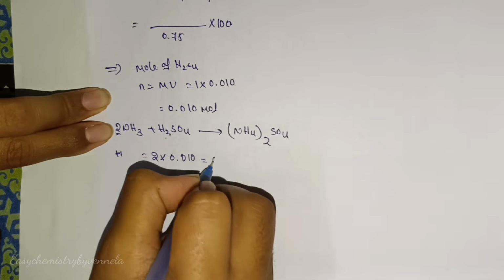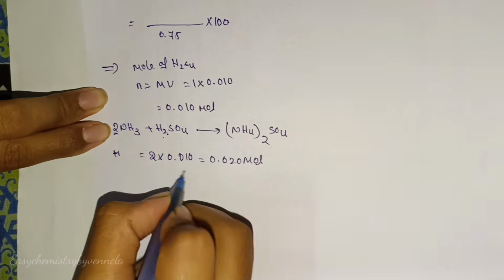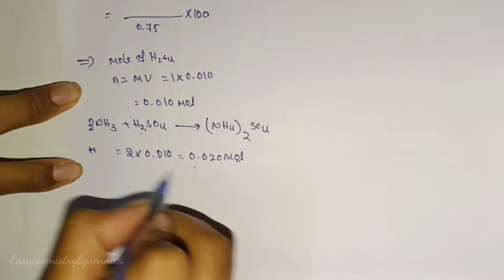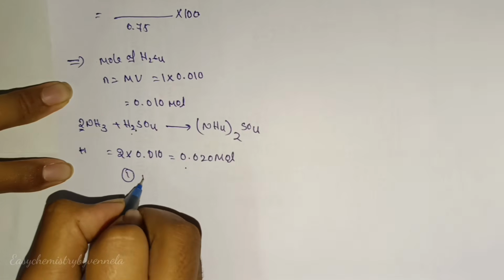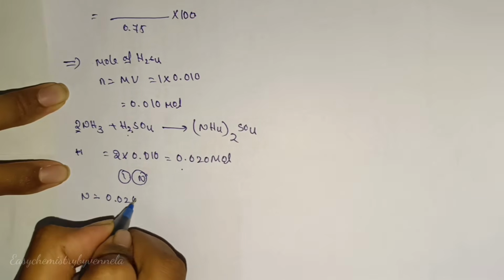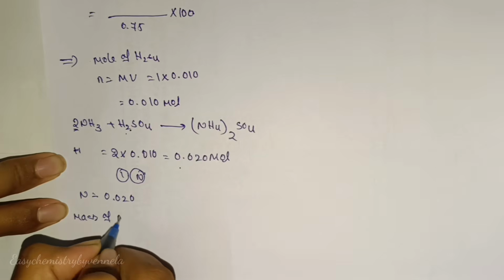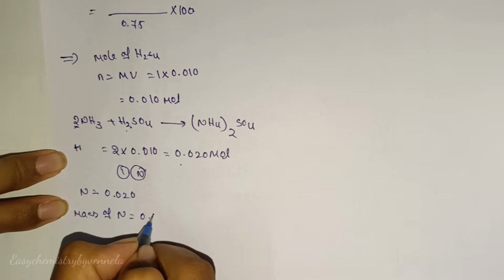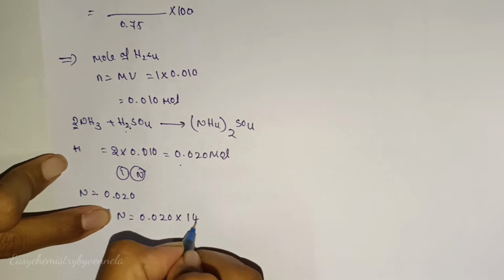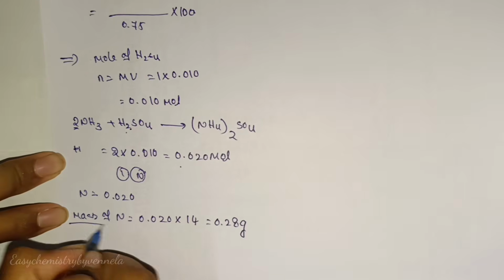How much? 0.020 mole. This is the mole of ammonia. Each mole of ammonia contains 1 mole of nitrogen. So N is equal to 0.020. So finally mass of nitrogen is equal to 0.020 into 14, that is equal to 0.28 grams. This is the mass of nitrogen.